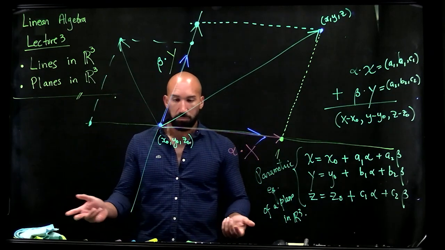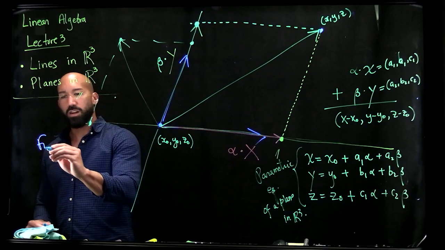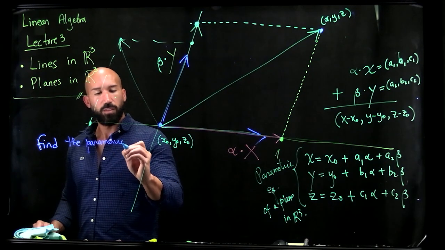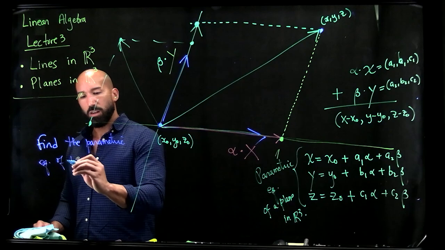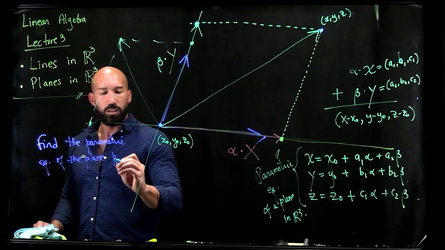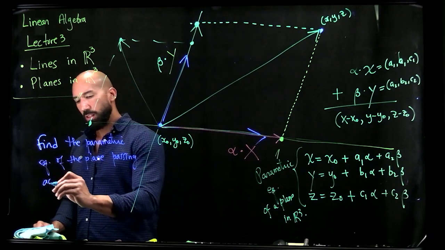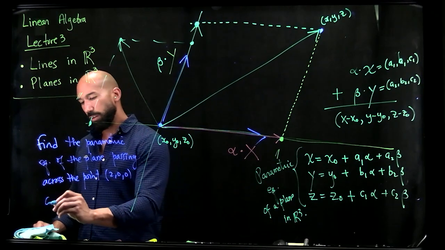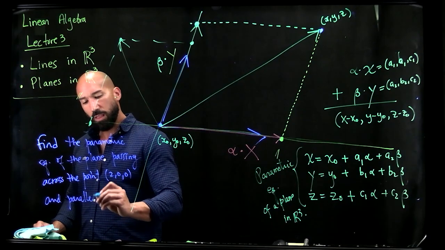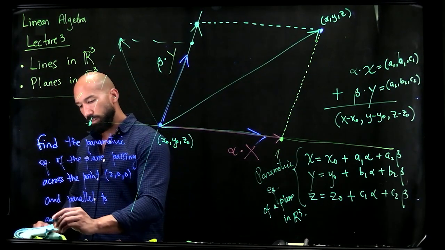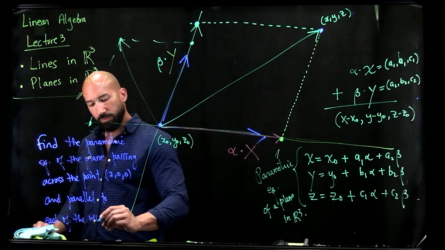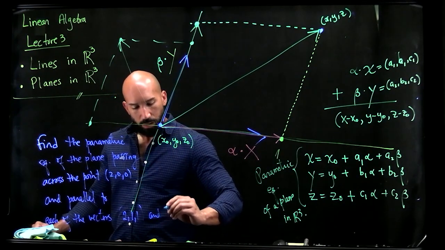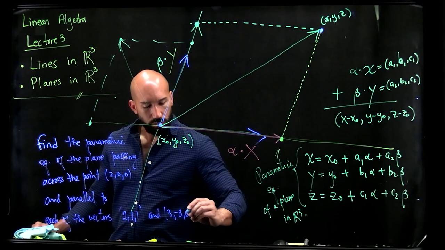So again, we are going to have an easy exercise. Find the parametric equation of the plane passing across the point 2, 0, 0 and parallel to each of the vectors 2, 1, 1 and 3, negative 3, 0.